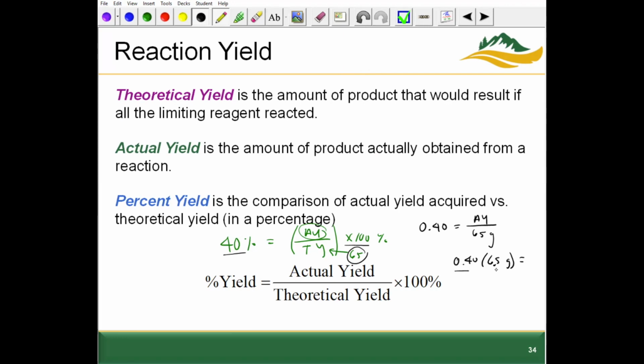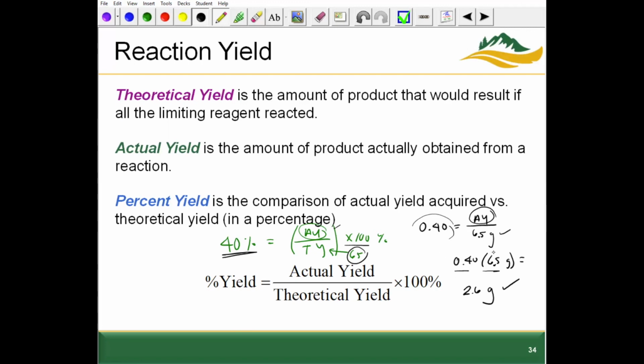So 0.4 times 6.5 grams is 2.60 grams for our actual yield of product C. We got that because we were told this 40% yield happened in the reaction. So we knew theoretically how much should form, 6.5 grams, but only 40% of that actually was yielded in the real lab.